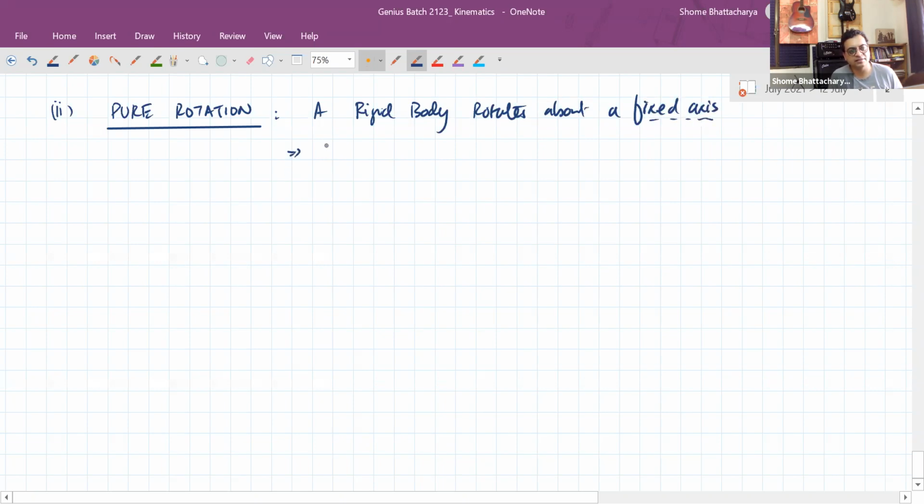So what we observe is that every particle is in circular motion about a common fixed axis.